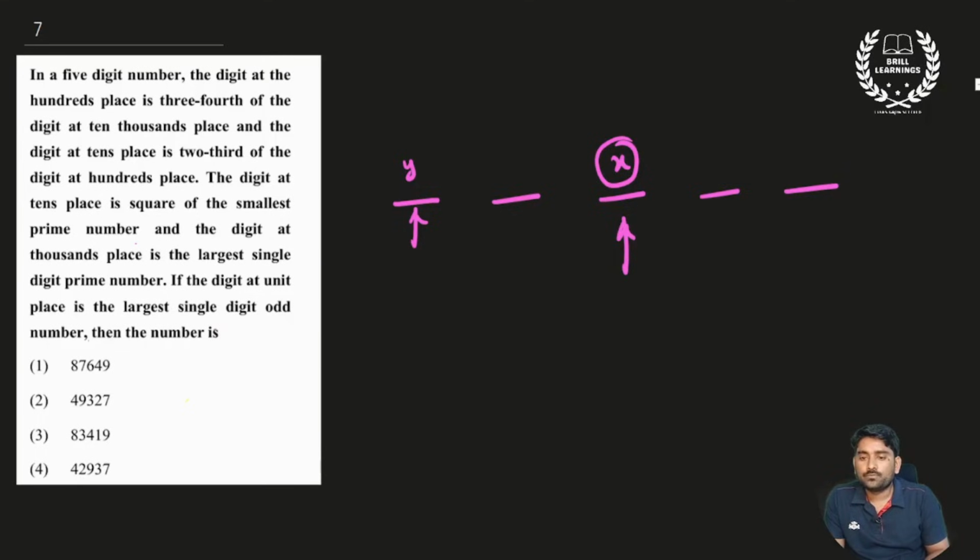In the first option, the 10,000 place is 8 and 3/4 of this number, 4 1s are 4, 4 2s are 8, you will get 6. So in the third position, the 100th position, we have 6 only. So this is following the condition, right? This may be the answer. Next one, cross check that.